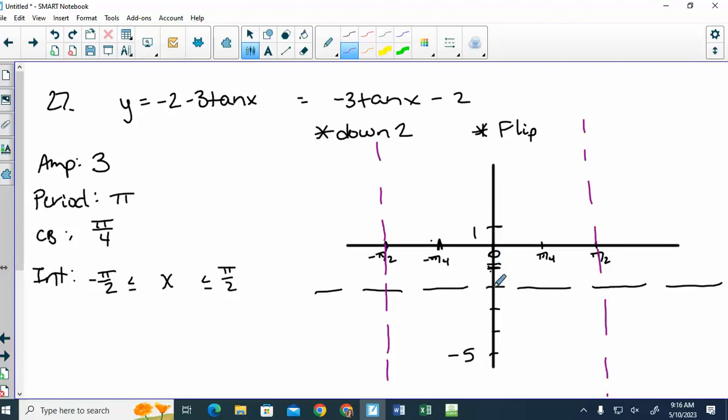And the center is 0, but our 0 mark is down here at the negative 2. Tangent is normally increasing. Starts off negative and becomes positive, but because I'm flipping it, this one will be decreasing. So at negative pi over 4, we're going to start 3 above. Positive pi over 4, we're doing the 3 below.